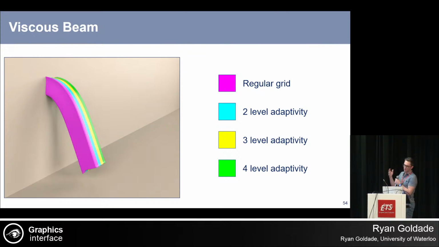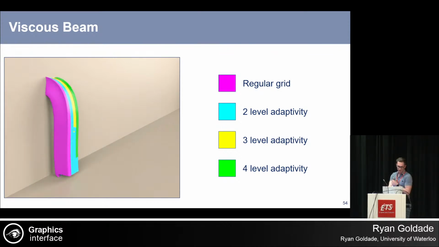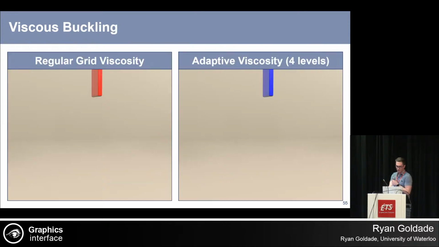So we have 4 levels of grid sizes for the green, and they all line up the same as the regular grid. So there isn't a visual trade-off here.